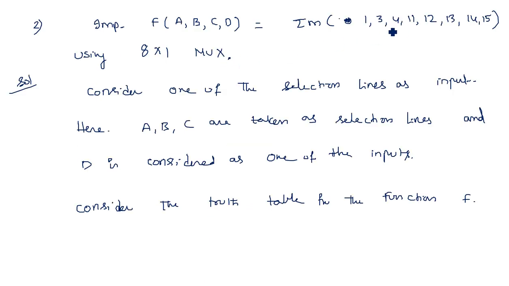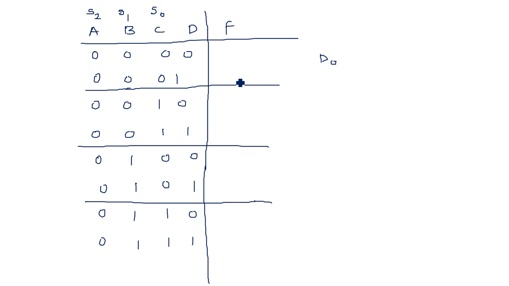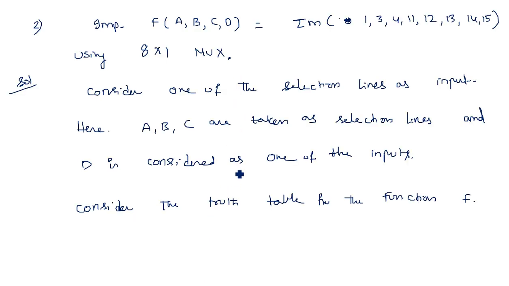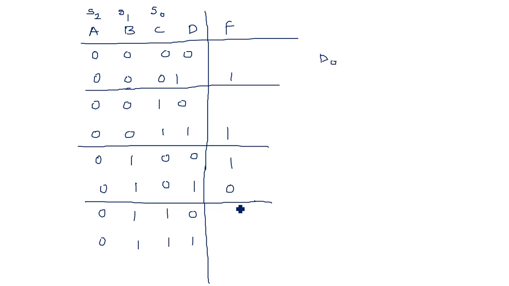What is the output function? We have minterms 1, 3, 4 and 11. 11 is not in this group, so the remaining are zeros. Now see, f is nothing but D only.